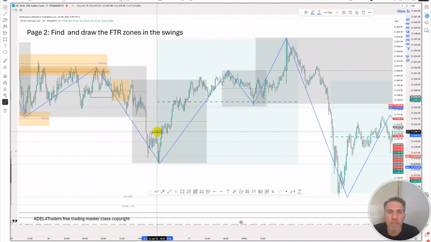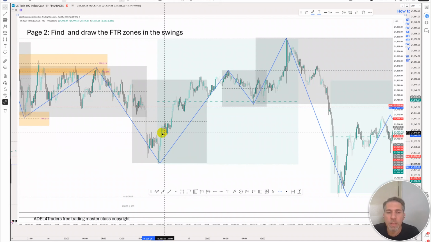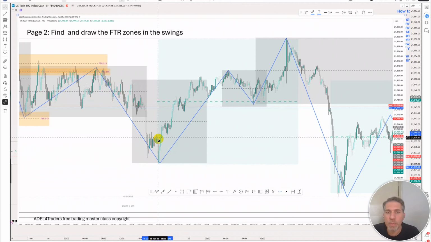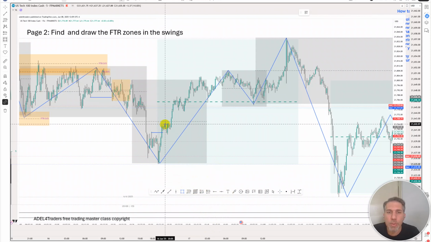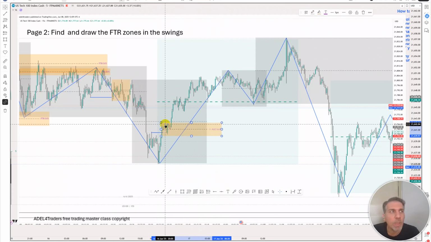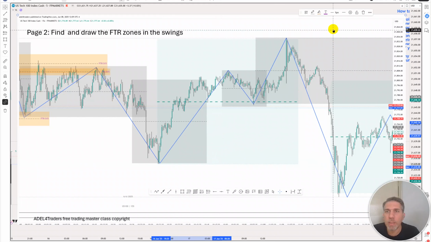I'm sometimes getting confused because I don't care about the terms. So here is our lower low, and this is the one from which the movement originated. So now 1, 2, coming down, coming up. This is our FTR zone from the highest point to the lowest point ever. This is our fifth FTR that we have plotted on the chart.